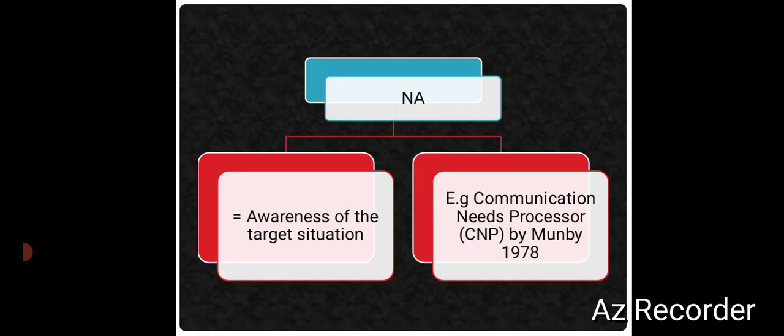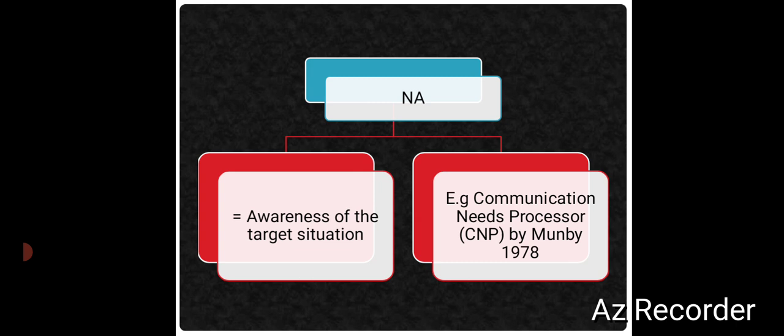Now, in ESP, of course, we believe that needs analysis, or NA, should be done so that we know the real need of the learners, we are aware of the needs, and we are aware of the target situation. One example of needs analysis is the Communication Needs Processor, or CNP, by Munby, 1978.